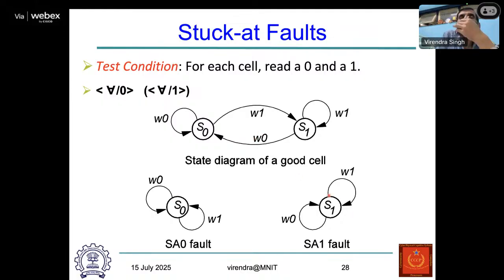What do I need to do with every cell if I want to check whether it is stuck at logic 0 or not? What shall I do?